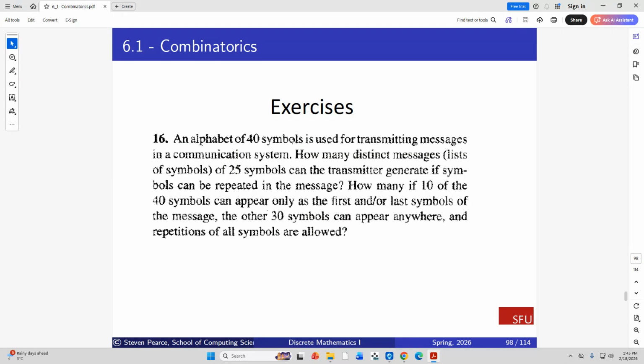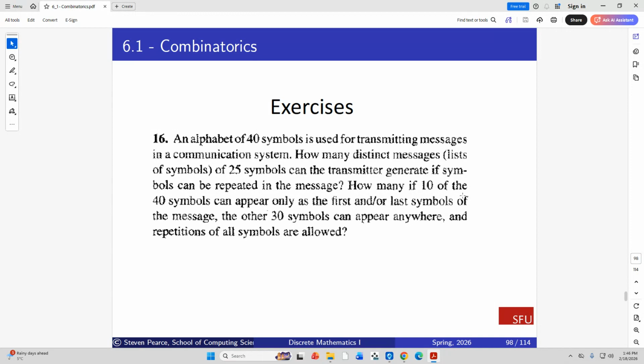Exercises. An alphabet of 40 symbols is used for transmitting messages in a communication system. How many distinct messages, lists of 25 symbols, can the transmitter generate if symbols can be repeated in the message? So this is going back to earlier parts of this presentation before the binomial theorem, and this is combinations with repetition.